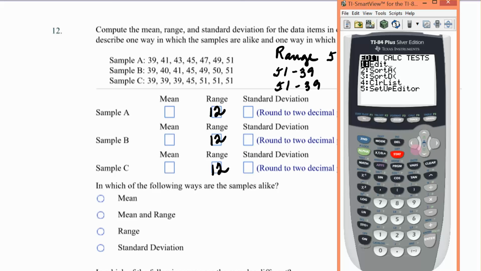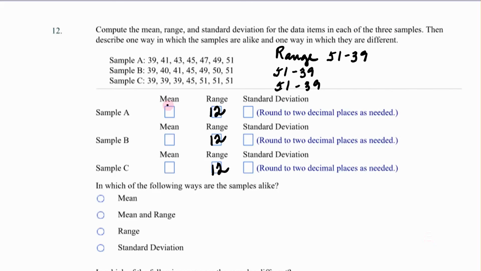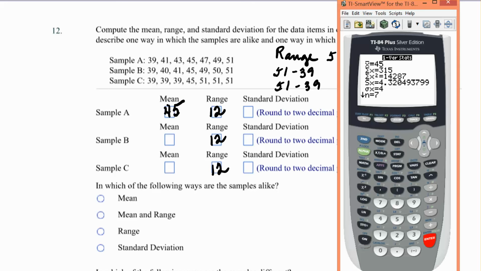So stat, calc, one variable, all right, the mean for this set is 45, and the standard deviation rounded to 2 places is right here.